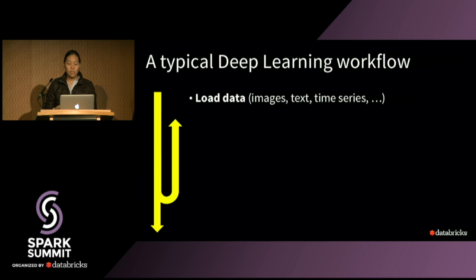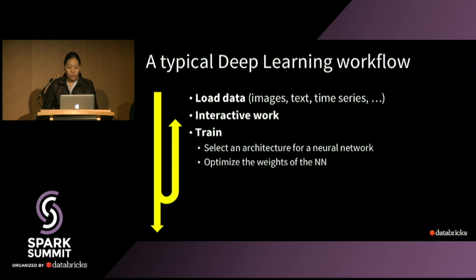I think in deep learning, it can be more challenging because you have more complex data, like images and time series and so on. And then you would probably do some interactive work to see what kinds of things are in your data set. And then you might start training a model. In the deep learning case, it probably involves selecting some sort of architecture for your neural network, and then optimizing the weights with some hyperparameters.